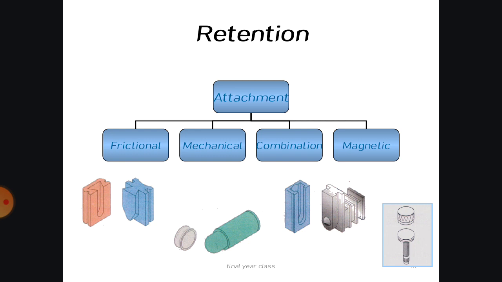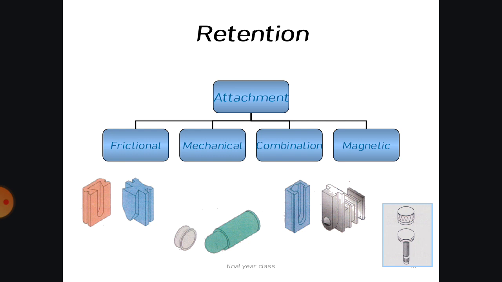And in some cases, both the frictional as well as mechanical come into the picture. That is why we have a combination wherein you have the undercut as well as the frictional part. That is, you will have some area where it is because of the friction, and some area because of the undercut. So since it is a combination, you can have both the aspects incorporated into the attachment.